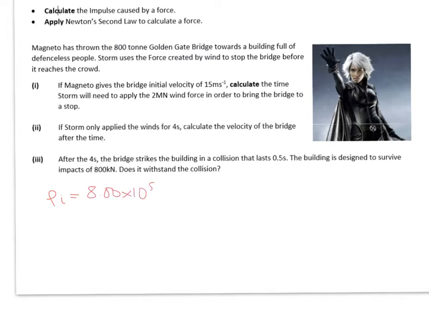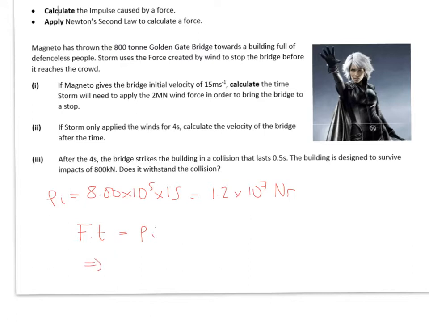8.00 times 10 to the 5 because it's 800 tons times 15, which is 1.2 times 10 to the 7 Newton seconds. So if she's going to stop it, she is essentially going to need to get rid of all that momentum. So the force times the time it acts has got to be equal to that.